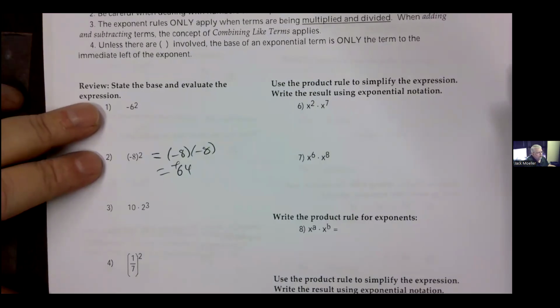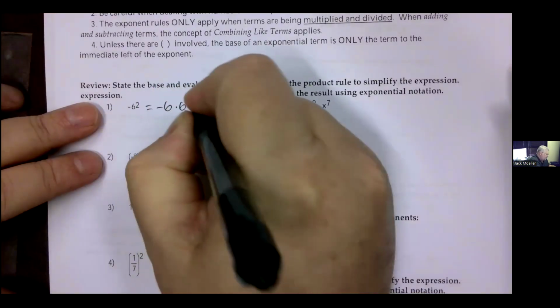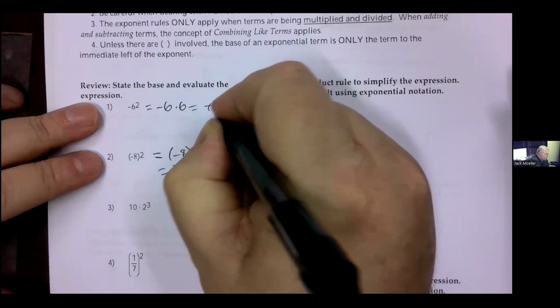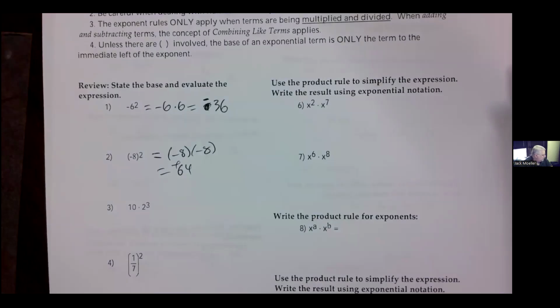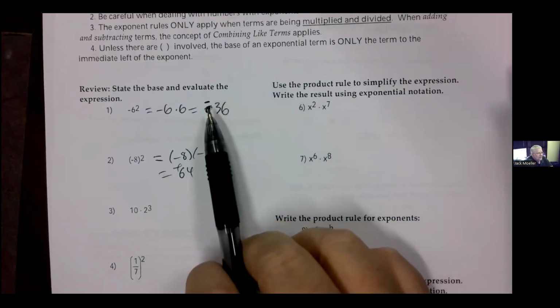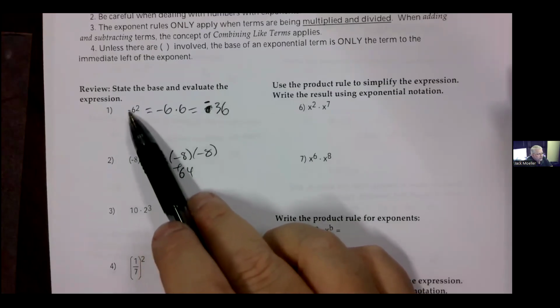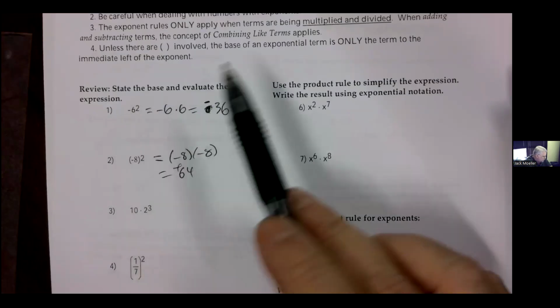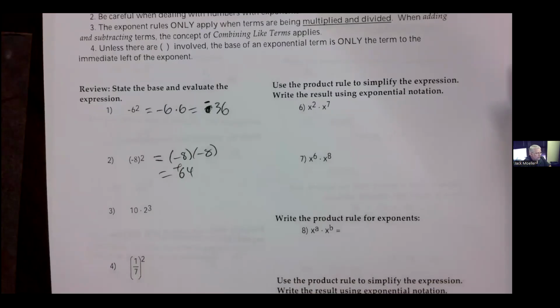On the top one, when there is no parentheses, there's only one negative when you write it out, and that stays negative. Sorry, it's been a long day. I've been doing this for years and I still make mistakes. But there is one negative because there is no parentheses, so it doesn't get written multiple times. And you're going to see this again as we're going through these rules today. Parentheses matter. If they're there, it means one thing. If they're not there, it can mean another.